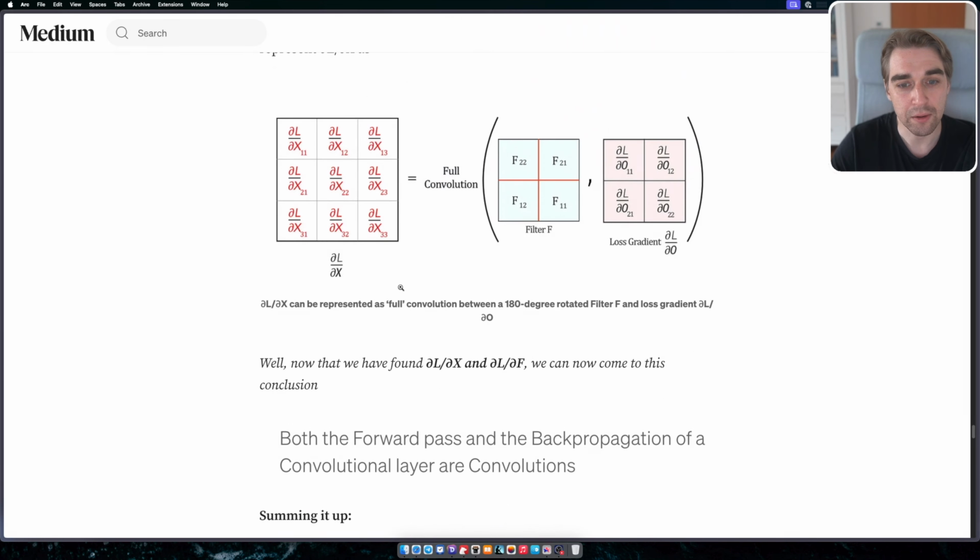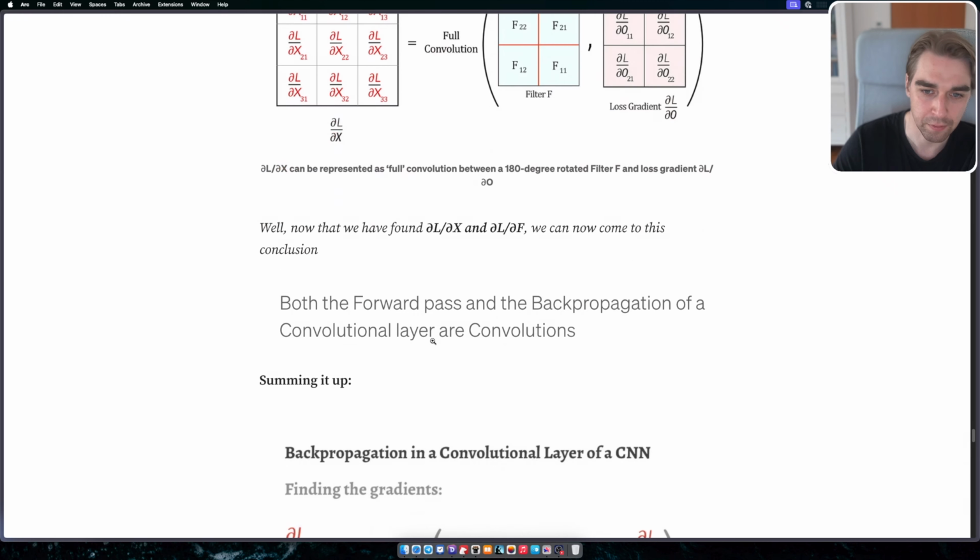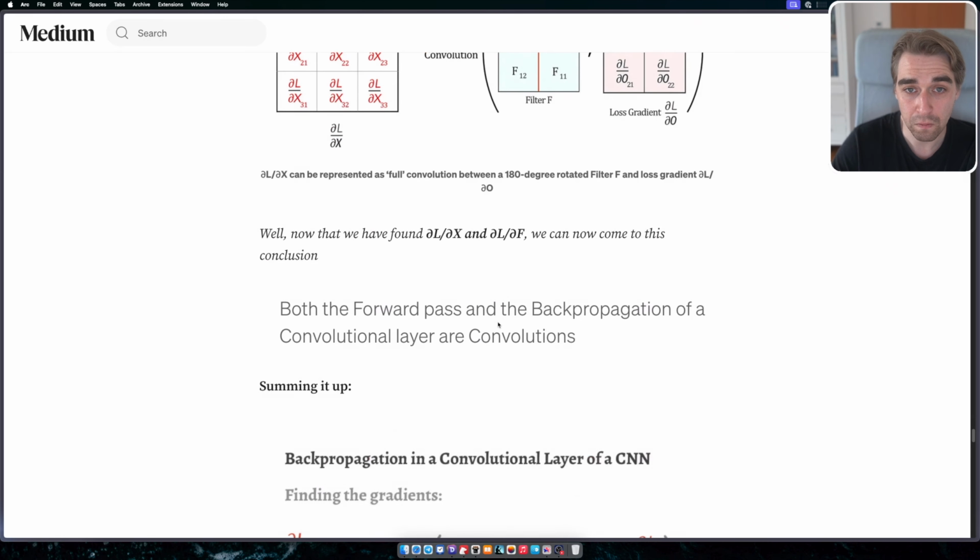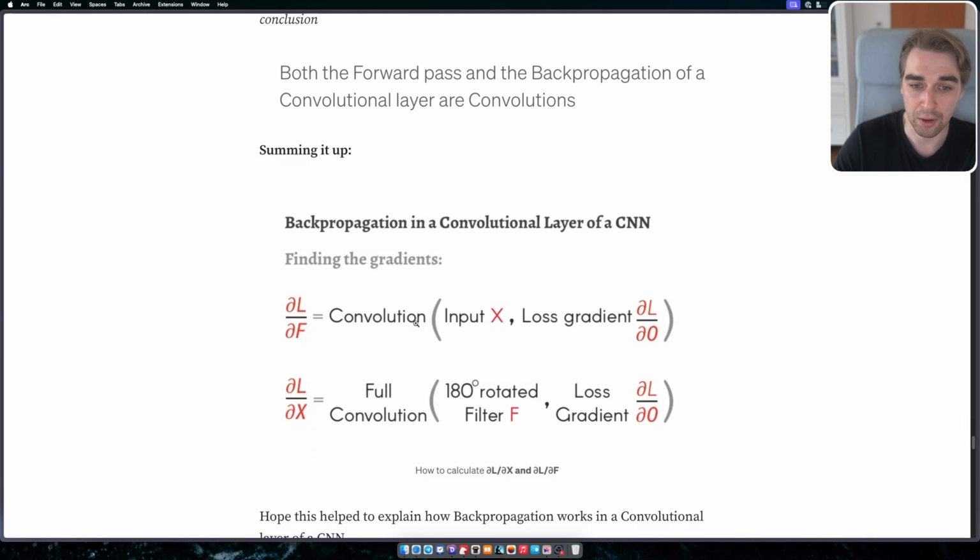There is a long chain of math equations, but in the end, backpropagation is convolution. The gradient for the filters is the convolution between input values and the loss gradient that we get from the next layer, and the gradient against the input values is the full convolution between rotated filter values and again the loss gradient from the next layer.